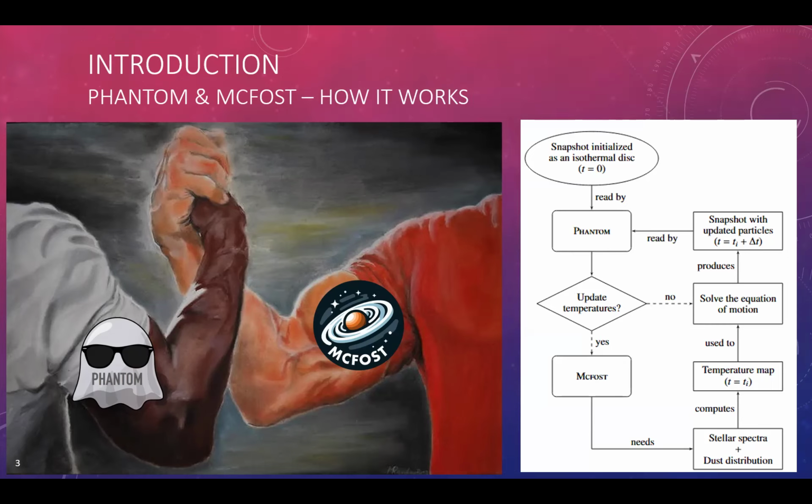Then, with that information, it computes the temperature map and passes it to phantom to compute the equations of motion, and then you have this loop. So this is overall how the codes work together.